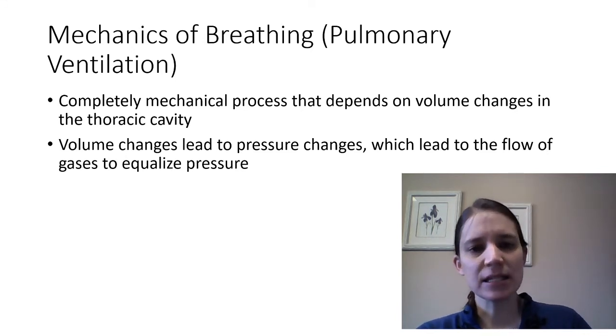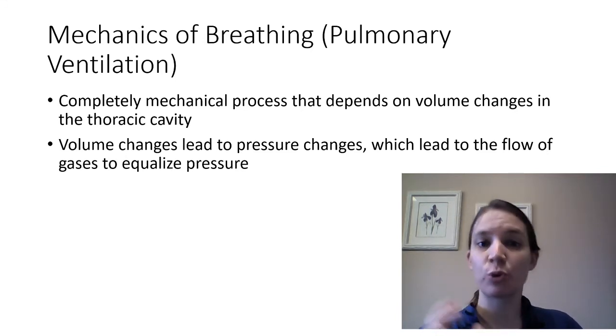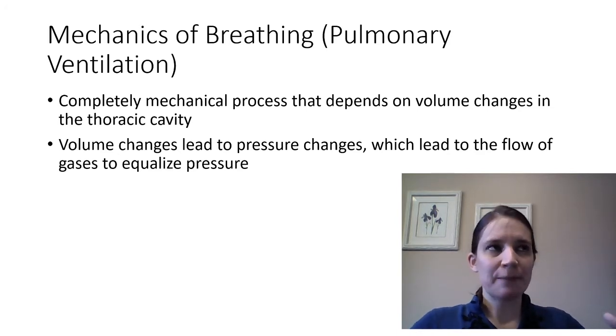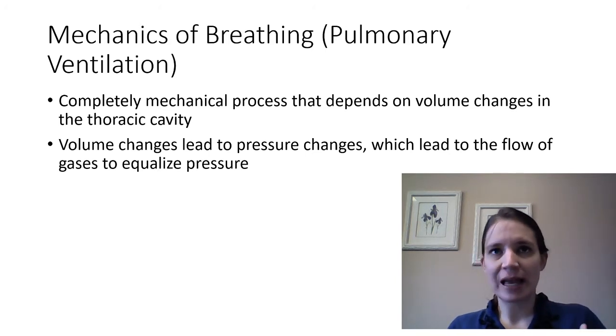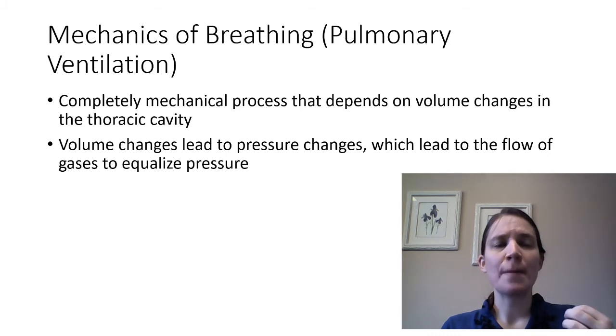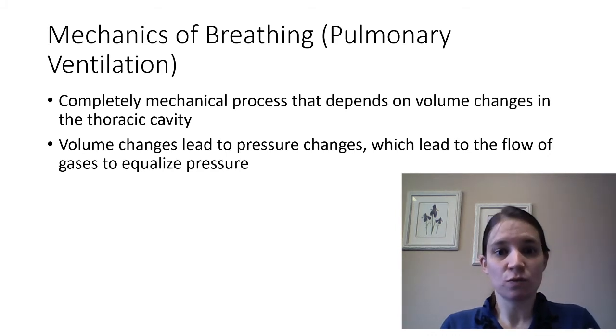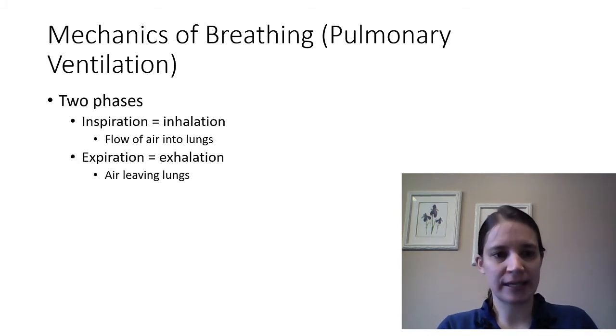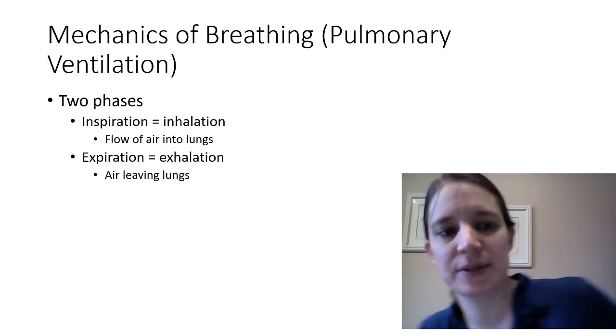So this is going to happen because pressure changes. So you're going to be changing the pressure in the thoracic cavity, and that's going to make gases flow in and out. So we're going to look at this in two steps.